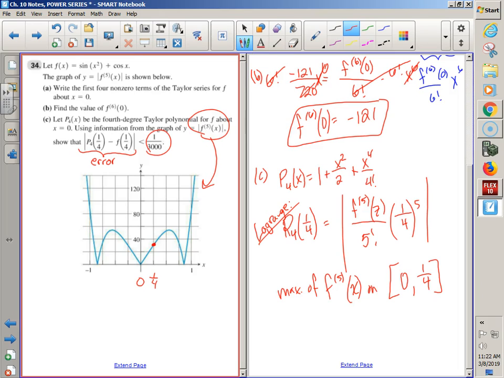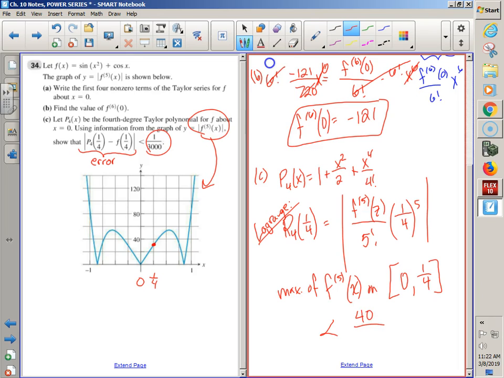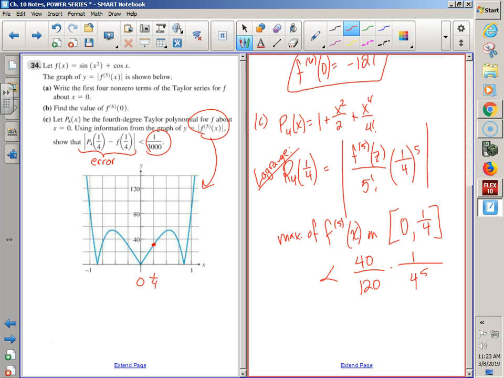Are they being mean? What would be, wouldn't be equal, be less than. Oh, less than. Okay. 40 over, isn't 5 factorial 120? And this would be 1 over 4 to the 5th? What's the dilemma? Do we really want to do this math?